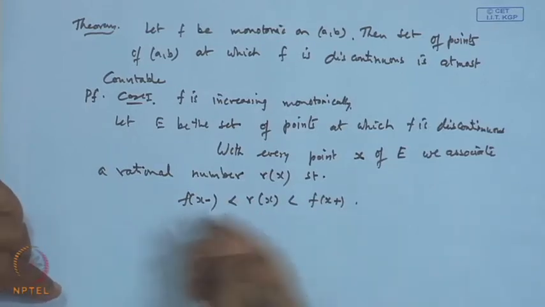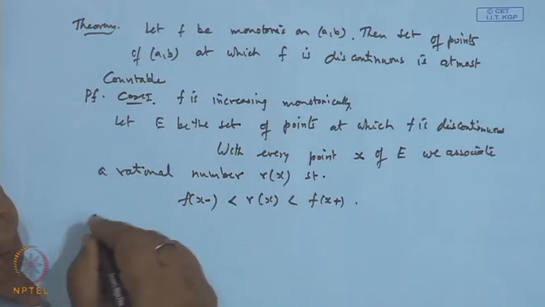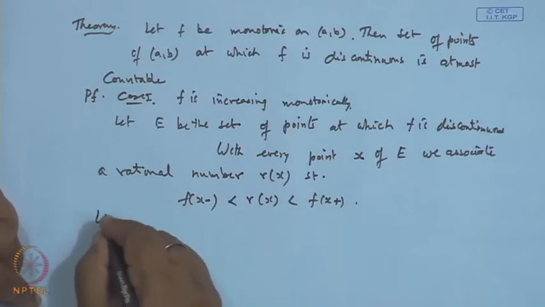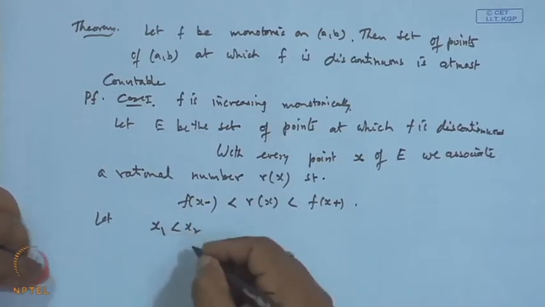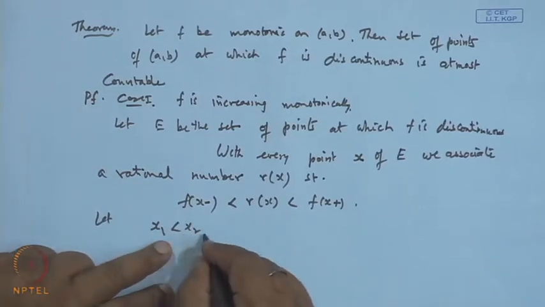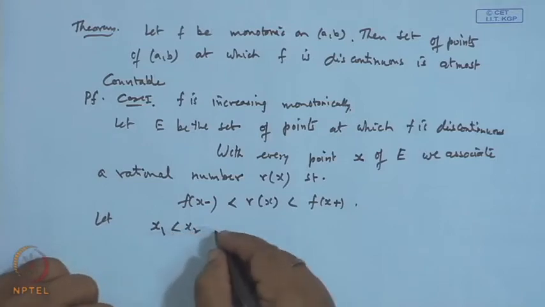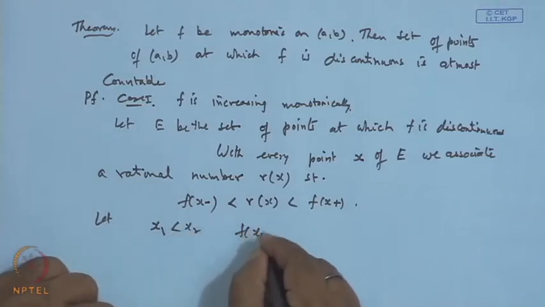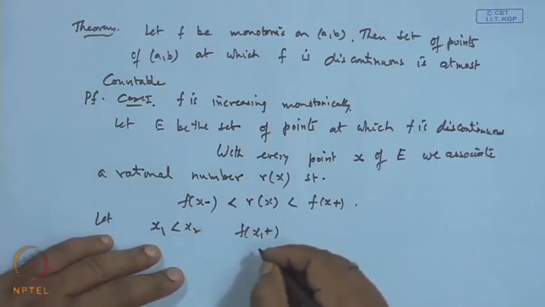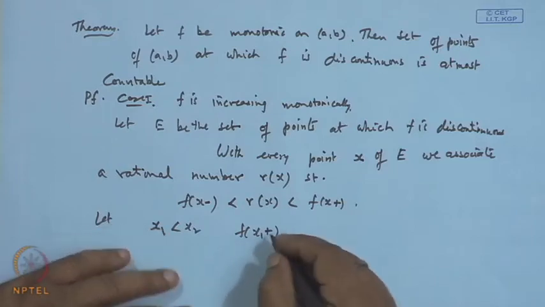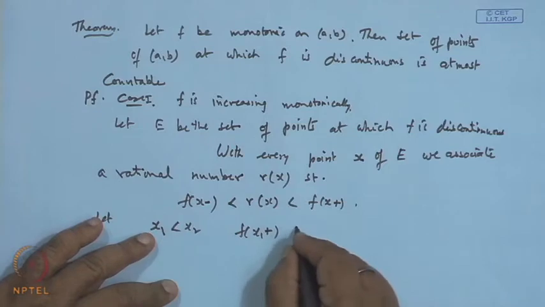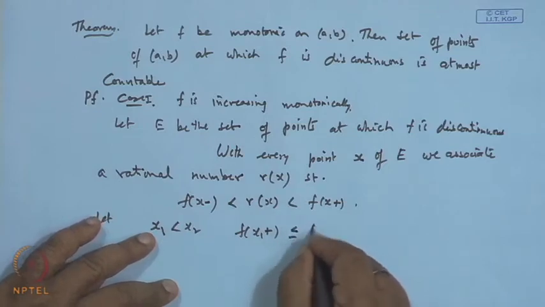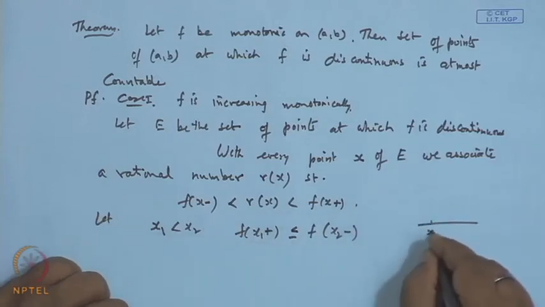Now, let x1 and x2 be two points. If x1 is less than x2, then the right hand limit at x1 will be less than or equal to the left hand limit at x2, because x1 lies here and x2 is here.